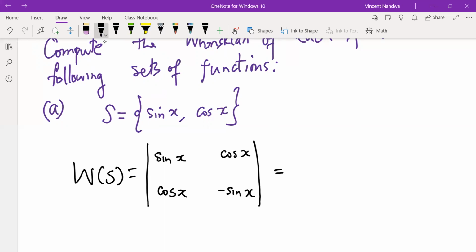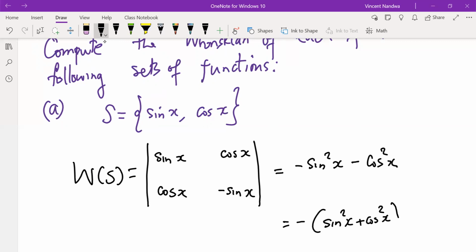This 2 by 2 determinant is sine x times minus sine x, which gives negative sine squared x, minus cos times cos, which is cos squared x. This is the same as minus sine squared x plus cos squared x. Sine squared x plus cos squared x is 1, so the answer will be minus 1.